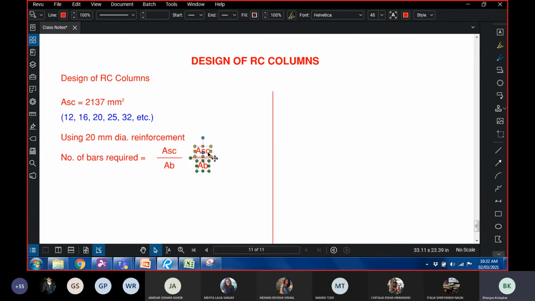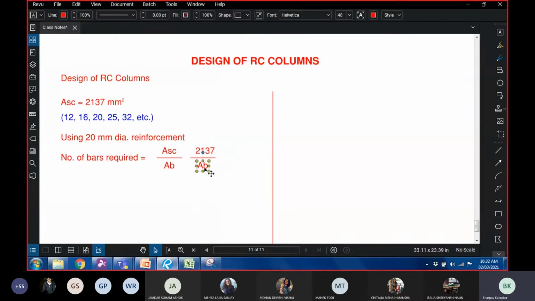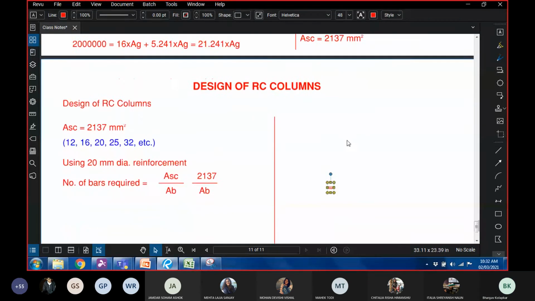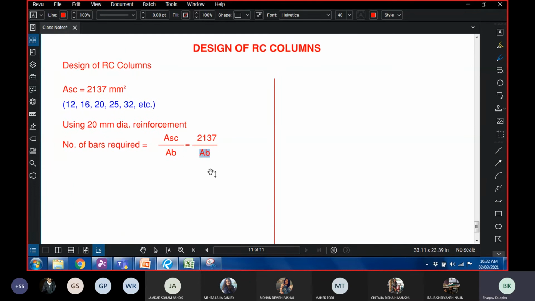So this would be equal to Asc is 2137. Again, a common mistake, and this is actually really unexpected, that a lot of you don't even know the formula for finding out the area of a circle. So the correct formula is pi by 4 diameter square or pi radius square. A lot of you do pi by 4 radius square, which gives you an incorrect value of Ab, and thereby an incorrect number of bars.